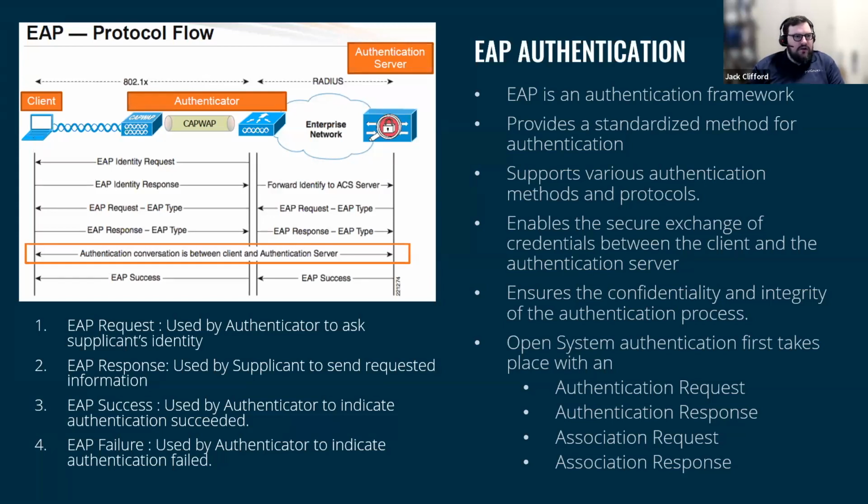And then your authenticator, which is typically your AP, will send an EAP request to that client. The client will then respond. It will be sent to the authentication server. That one also responds back with a different EAP request and response. So there are EAP requests and responses in both directions, to the client as well as to the server. And then you'll get either a success or a failure message.